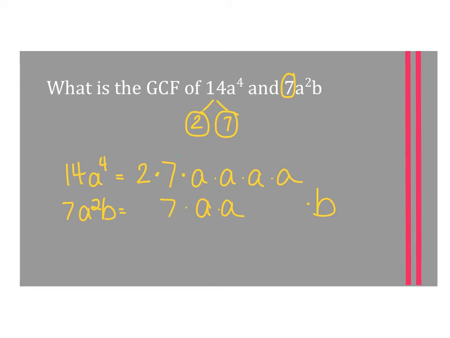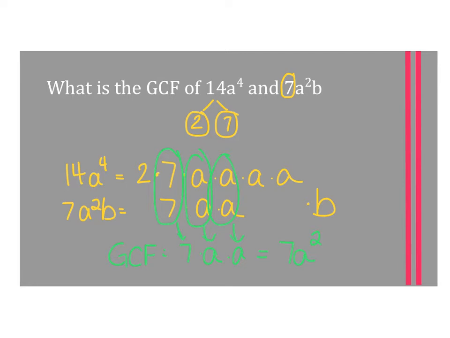And then I circle anything that is common to both. And what's common would be 7, we've got one 7, times a times another a, so my GCF is equal to 7a squared.